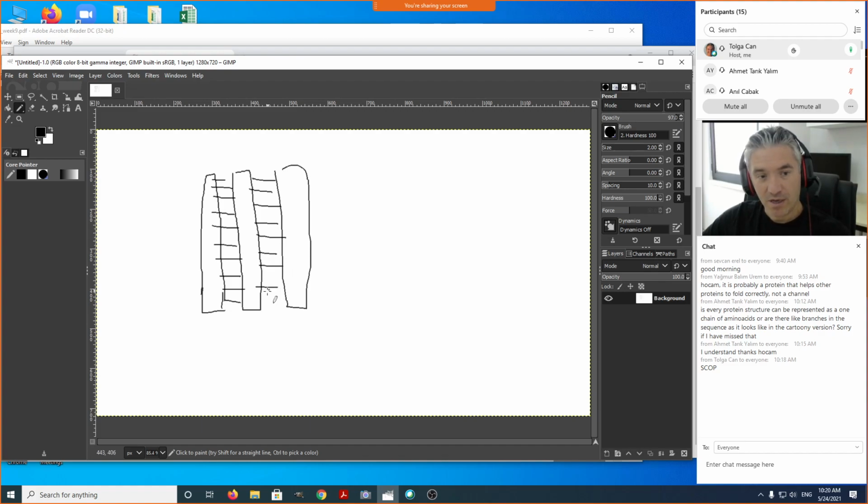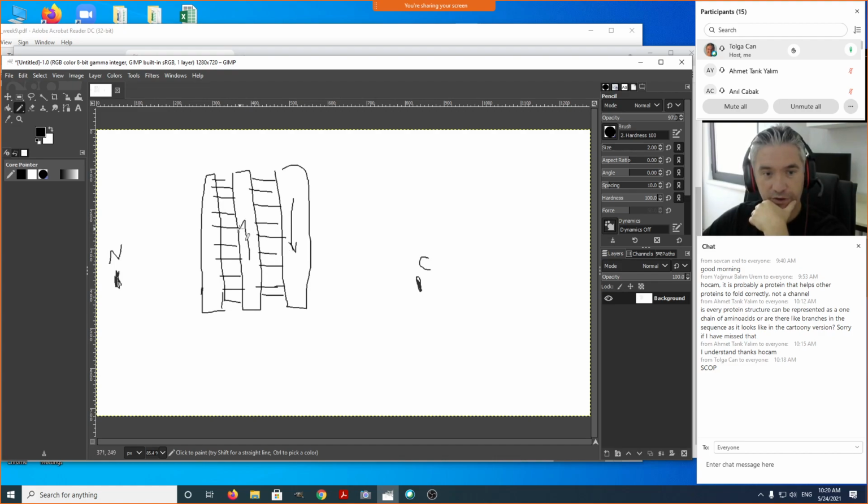Now, if I ask you, the amino acid sequence is going to begin here and end here. So this is the N terminus, this is the C terminus. Can we know, for example, whether the amino acid sequence order is in this direction?